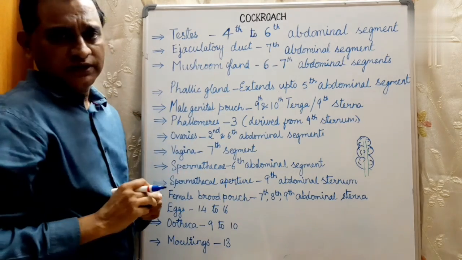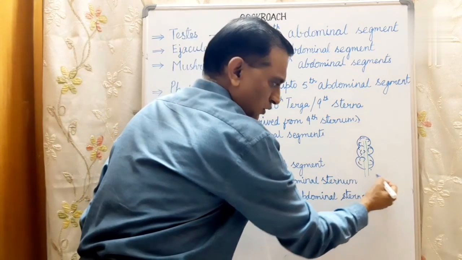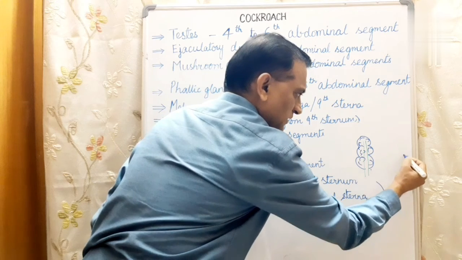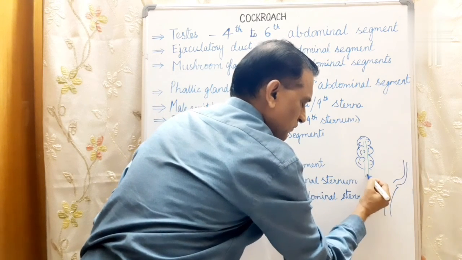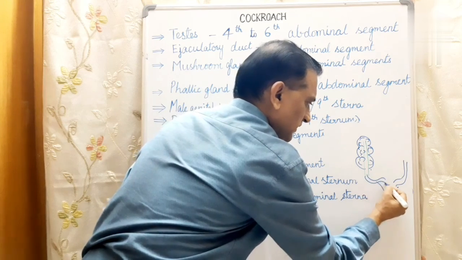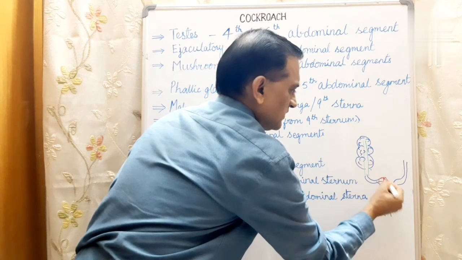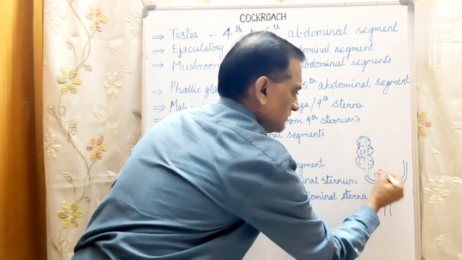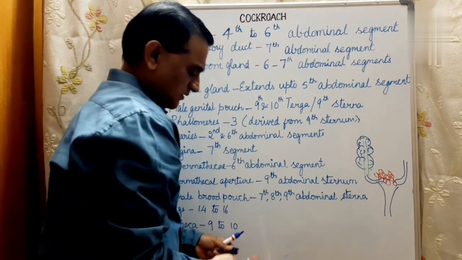Next is the ejaculatory duct. The two vasa deferentia open into the ejaculatory duct, one from each side, through seminal vesicles which are present here. Now what is the ejaculatory duct?